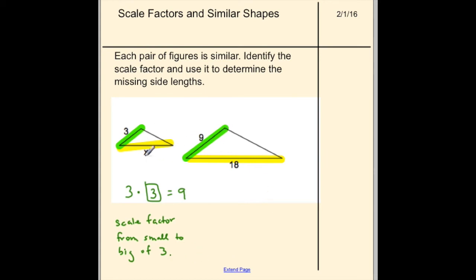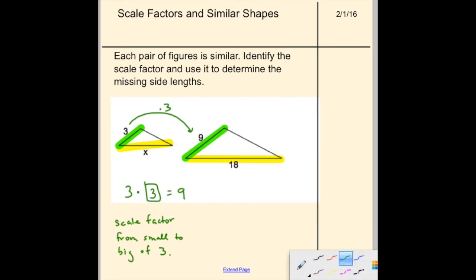Okay, so how can I now use that information that there's this scale factor here? I multiply by 3 to go from one side to the other side. How can I use that, though, to find out the x, because I don't have the smaller value, I only have the bigger value?